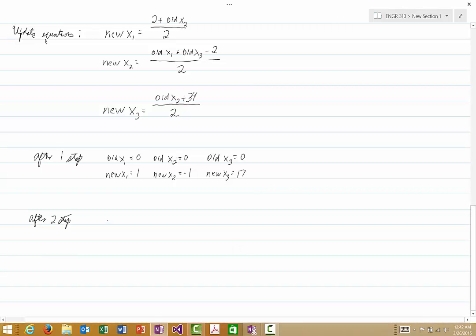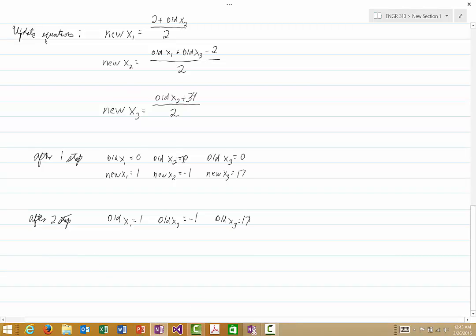So now, since there was still a big difference between the new ones and the old ones, we'll update the old ones. So we'll have old x1 is equal to 1. Old x2 is equal to negative 1. And old x3 is equal to 17.